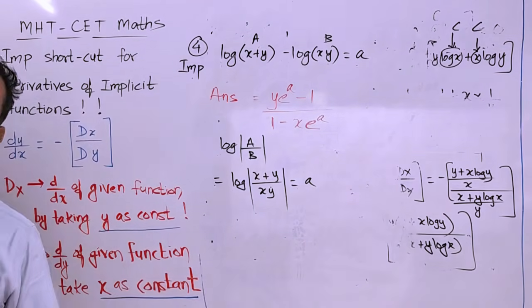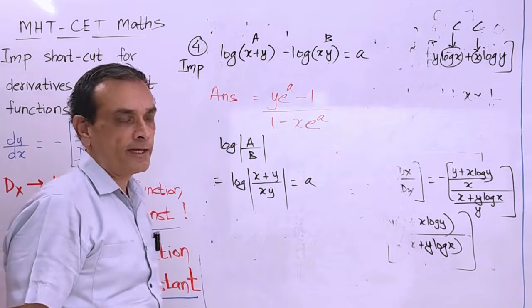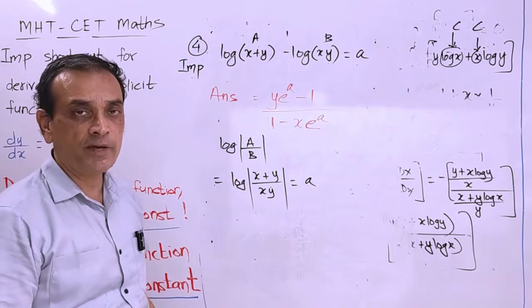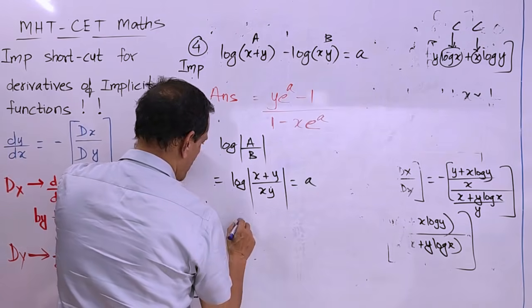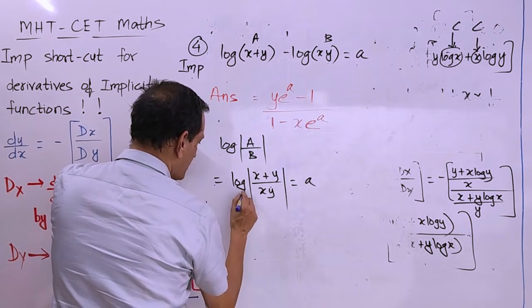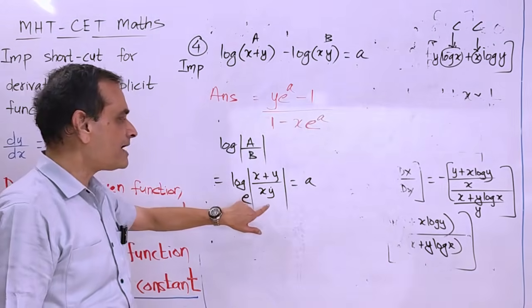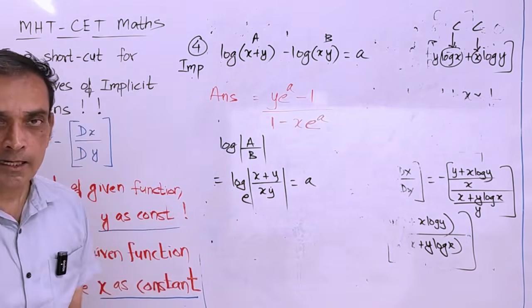Now remember, when the options are given with respect to e raised to a, you have to assume the base as e. When the base is not given, you are allowed to assume it as e. So log of (x plus y) upon xy to the base e equal to a.